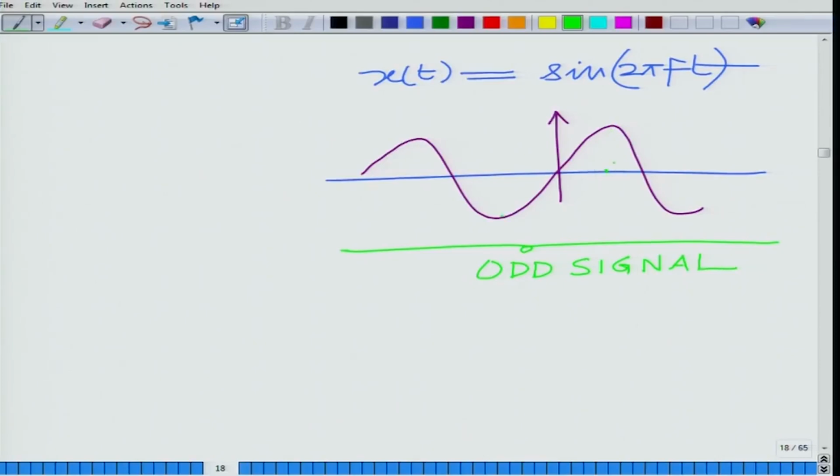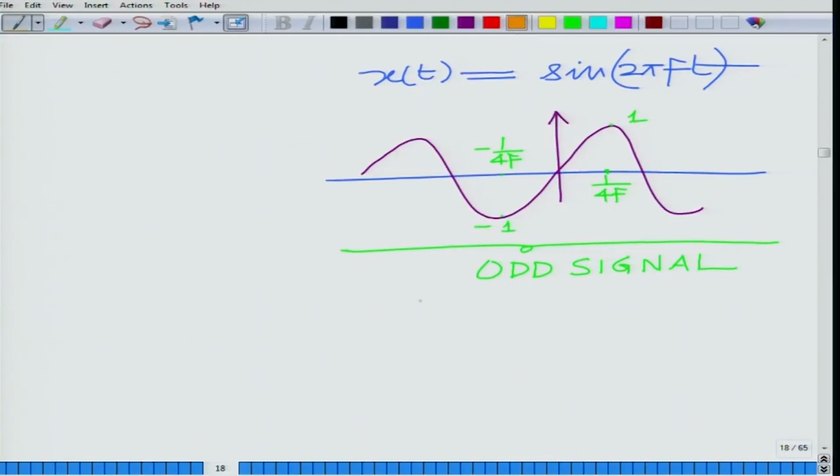This is the value where t is equal to 1 by 4f, corresponding to pi by 2, and this is the value correspondingly at minus 1 by 4f. You can see this is basically 1, and at minus 1 by 4f it is minus 1.